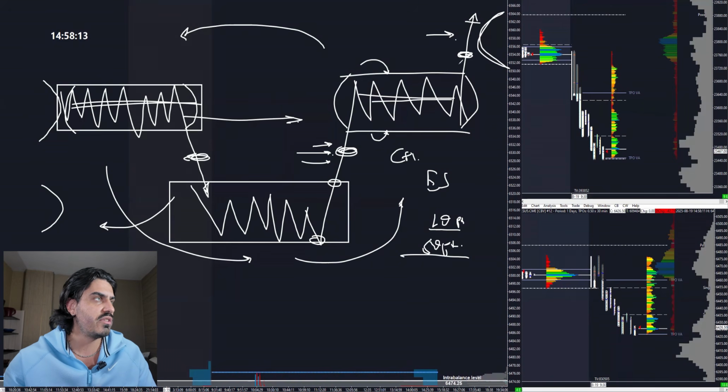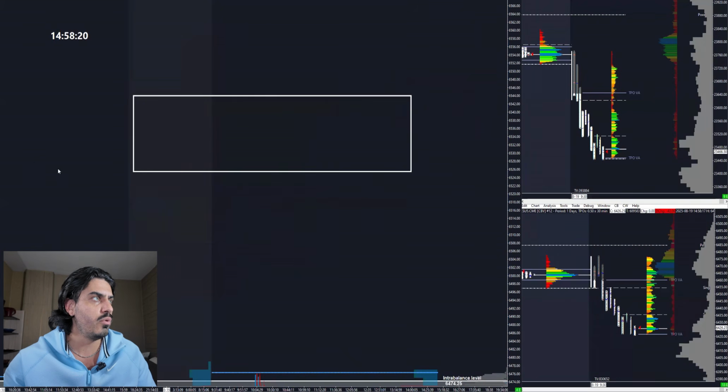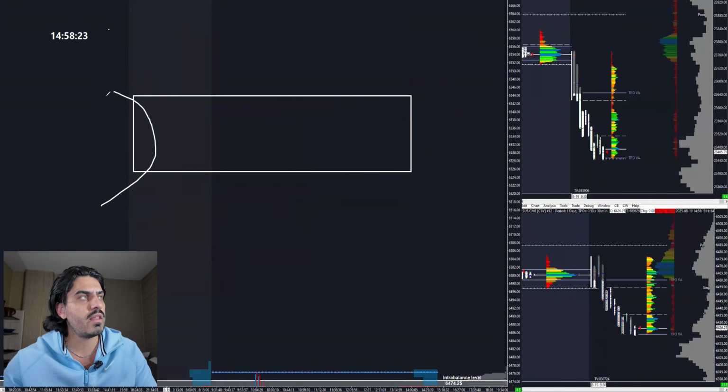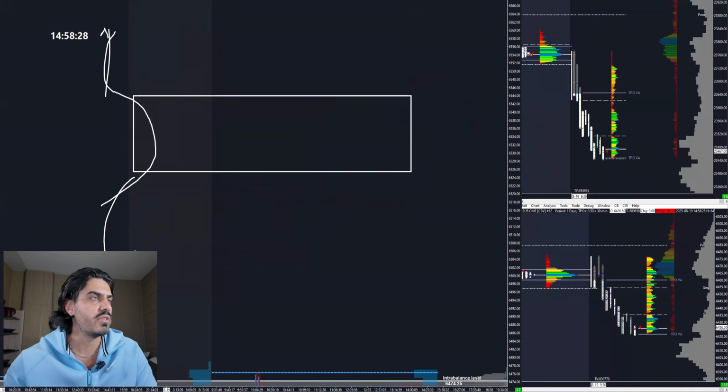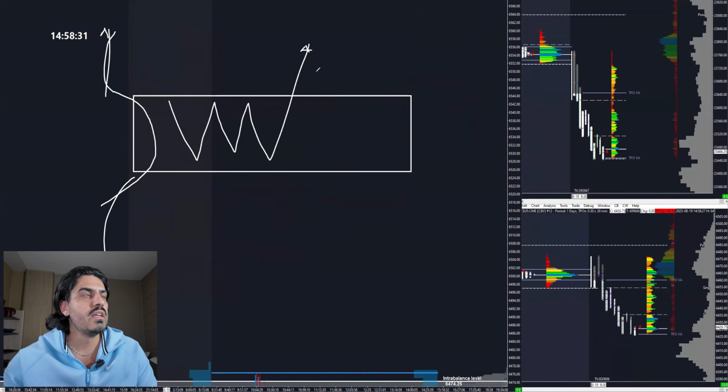There are also instances that we have to be aware of where those trends can get faked out. Because if you have a move, let's say this is a balance, and outside of that balance there's very thin volume on either side. There's unfair value on either side. Realistically, the expansion outside of a balance needs to be very, very big, or it needs to have a close above that area.